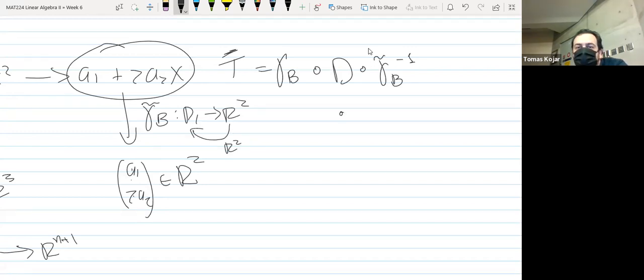So let me ask you, can somebody tell me what's the domain and the image of this map? Let's start slow. What does it act on? What's the input of this matrix?